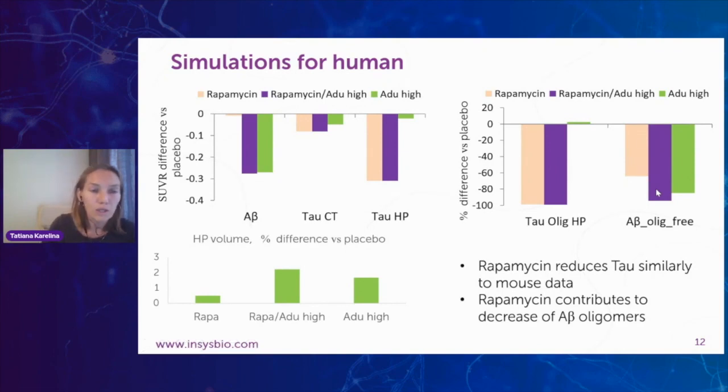And finally, if we consider hippocampal volume, again, combination of rapamycin with aducanumab allows us to improve results and allows for a better result on the reduction of hippocampal volume loss.